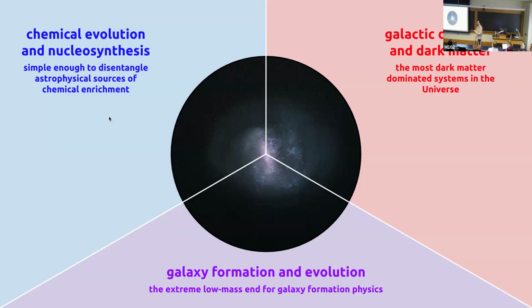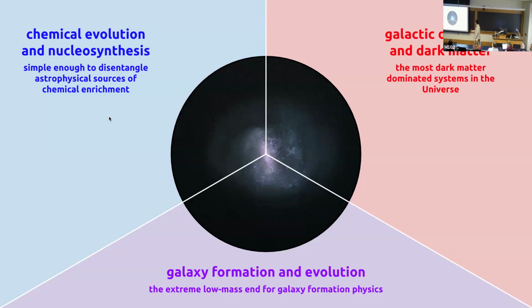Understanding the formation and evolution of galaxies. But what this really means, at least for me, is that we really want to have a theory of galaxy formation that can produce everything from the brightest galaxies inside the centers of galaxy clusters all the way to the minuscule galaxies, which are these ultra-faint dwarf galaxies.